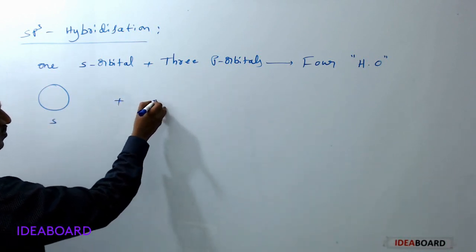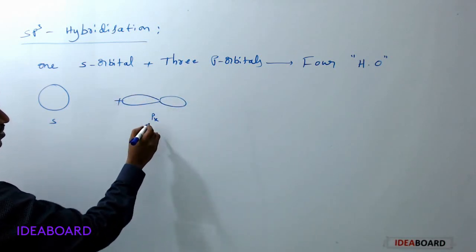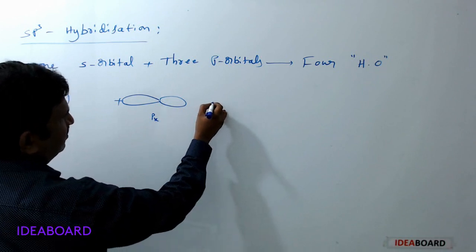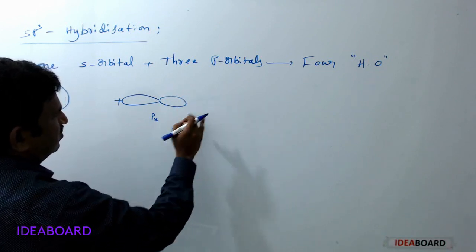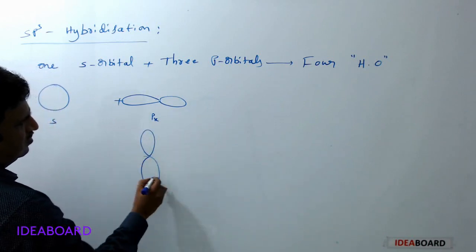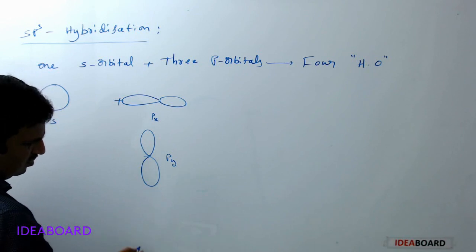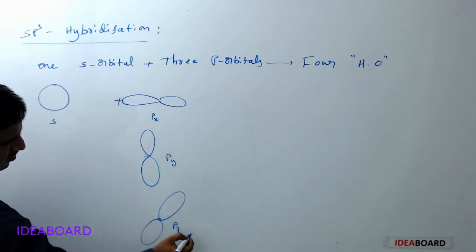And we are having 3 p orbitals. One p orbital is a px orbital, this is a py orbital, and the third p orbital is the pz orbital.